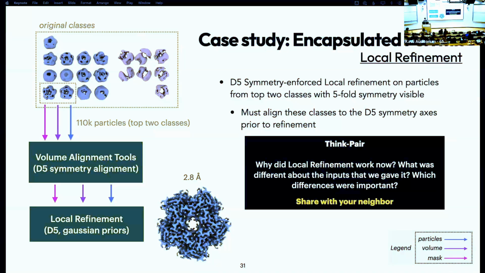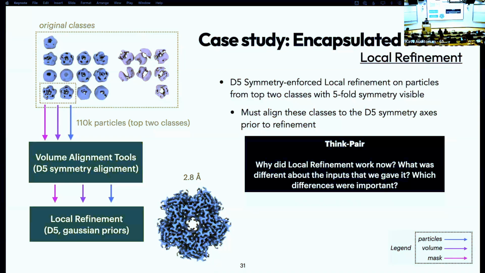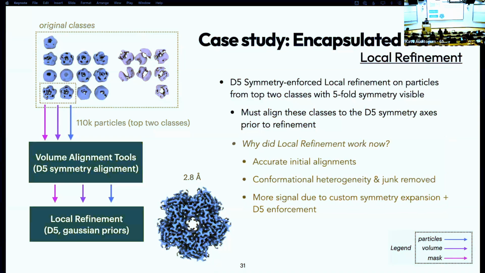Okay, let's bring it in again, and I'll talk about what my thoughts on this were, just based on my experimentation, but again, there are probably many reasons, and probably reasons that I didn't even think of, contributing to why this worked better now. So the big difference here is that the particles now had more accurate starting orientations.